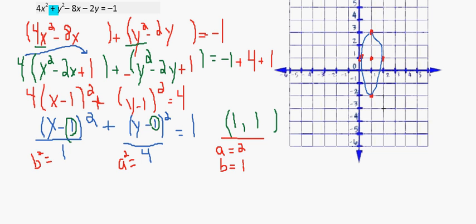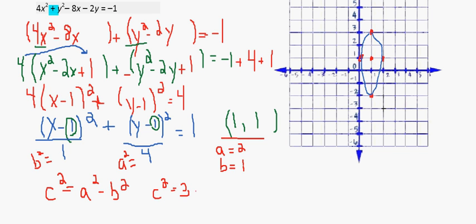Now all I have to do is find my foci. And this works exactly the same way. I have to find c squared. We know our formula for finding c squared is c squared equals a squared minus b squared. So a squared is 4, b squared is 1, so c squared equals 3.